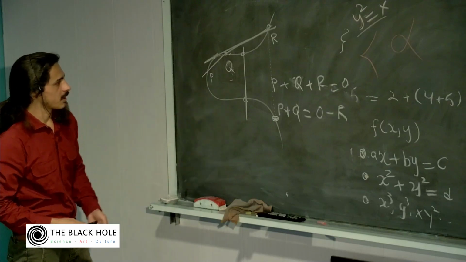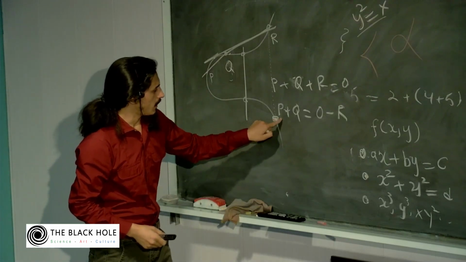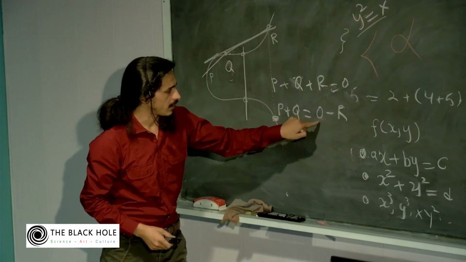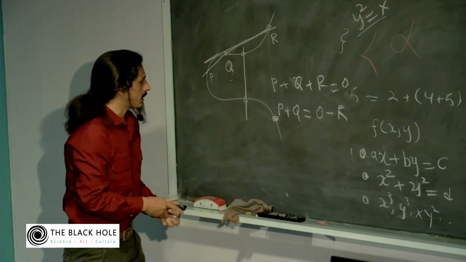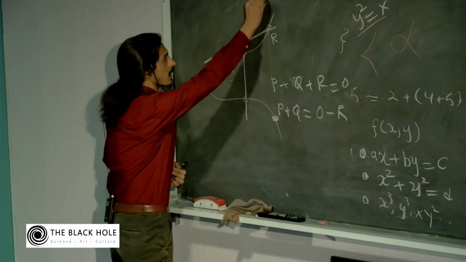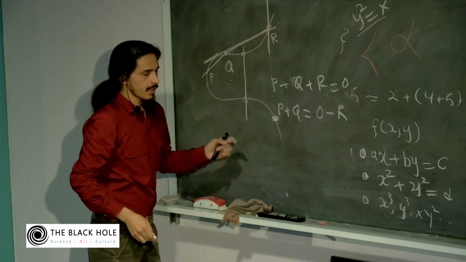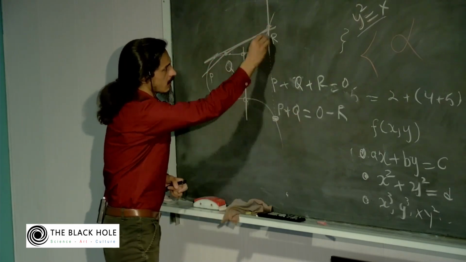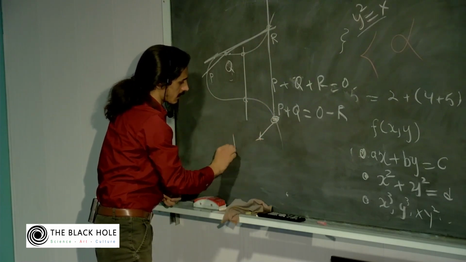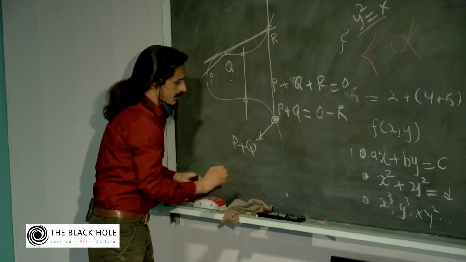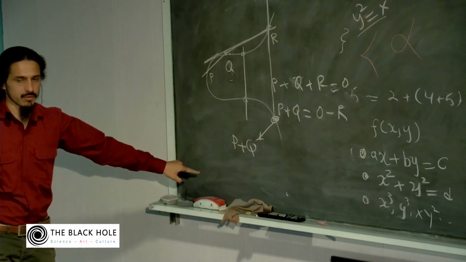The reason behind reflection is this law, that we add P plus Q and we add 0, the point at infinity, to R, and the point at infinity to R means we have to draw a vertical line, and together they are equal, so they intersect at this third point, which is actually the sum of P plus Q. And this is how we define group law.